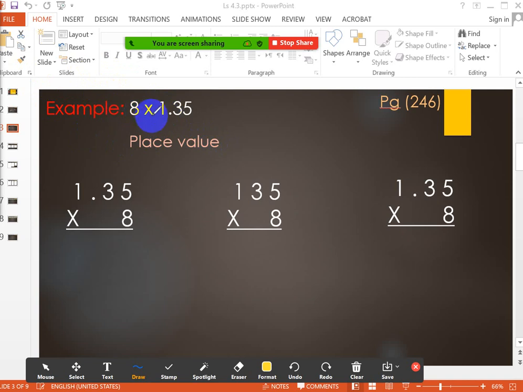8 multiply 1.35 hundredths. How will I find the answer? By using the place value pattern that we talked about last lesson.